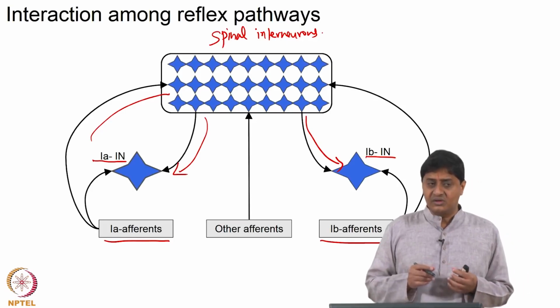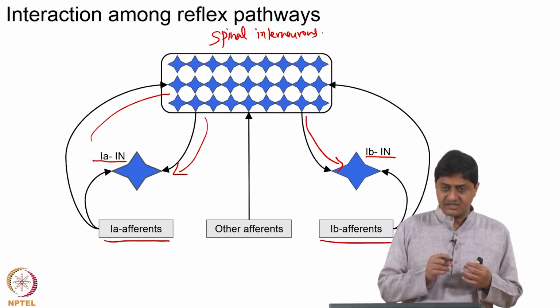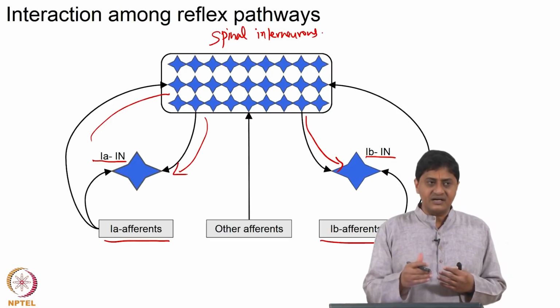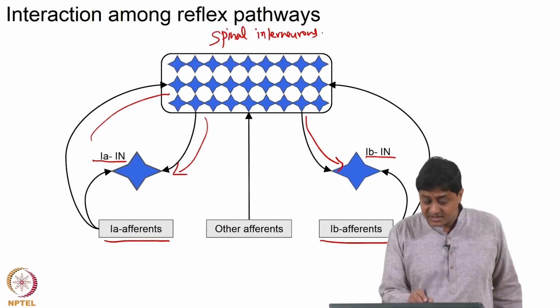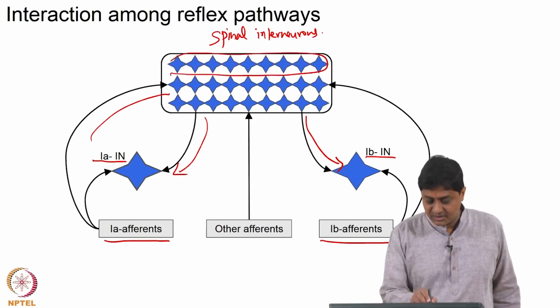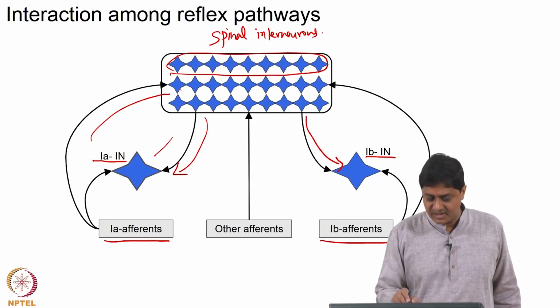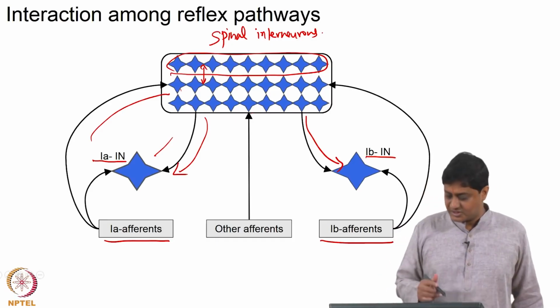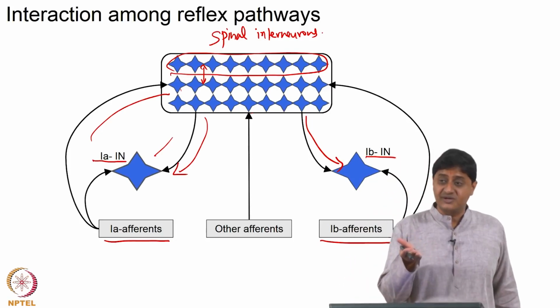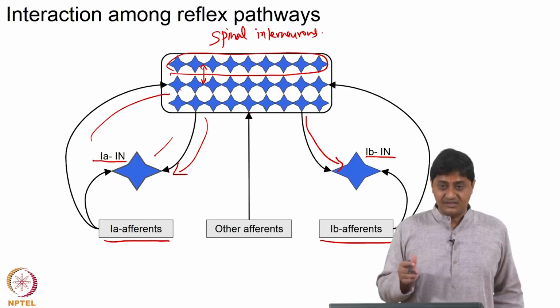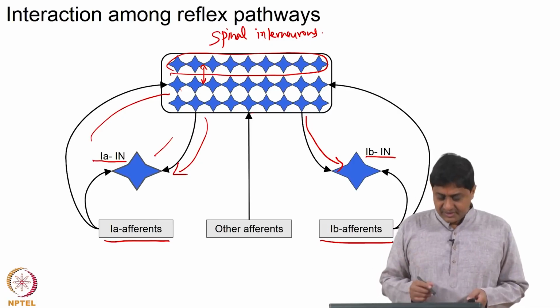That means that our classical neurophysiological approach is not in a position to explain these things. That is because there are just so many neurons and it is not clear which is connecting to which, what are the connections between these, and so on. So, that is not known. That is at the level of the spinal cord. If that is at the level of the spinal cord, one has to imagine what will happen at the level of the brain. Okay. This is at the level of the spinal cord, right.